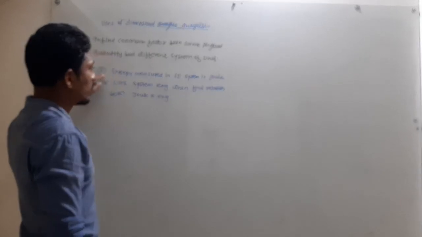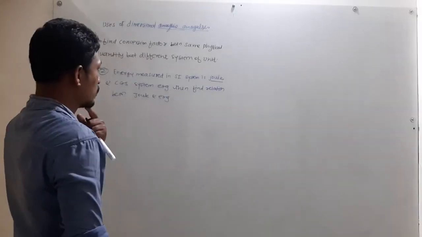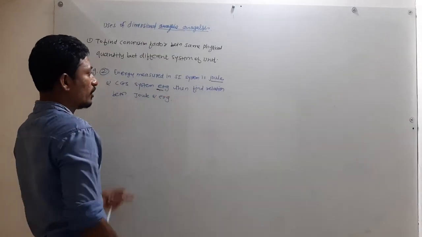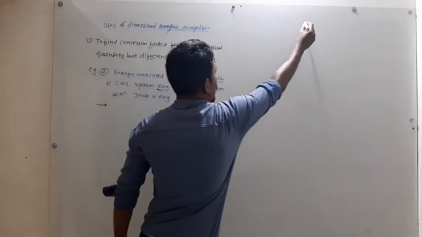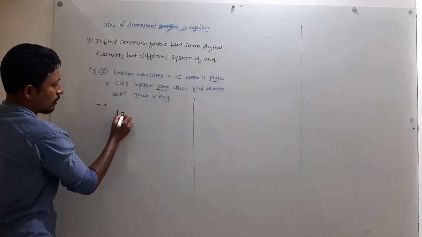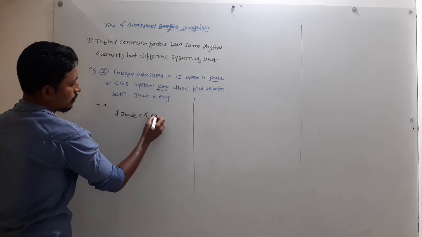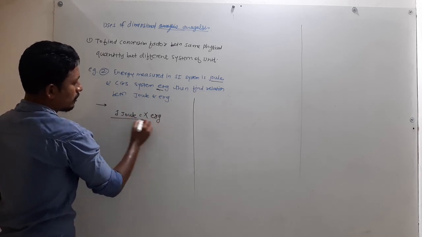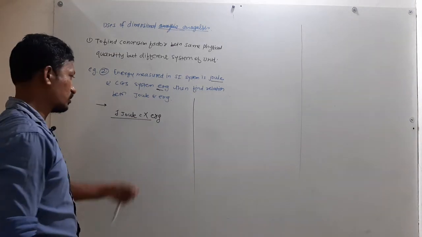Energy measured in SI system is joule and in CGS system is erg. Find the relation between joule and erg, right? Again the same procedure here. 1 joule is x erg, because this conversion factor is not known, so we consider it x.